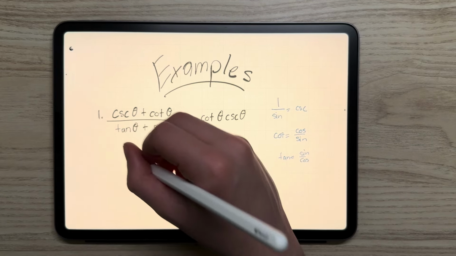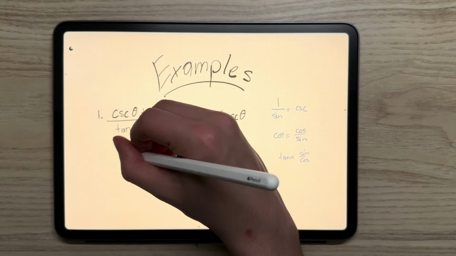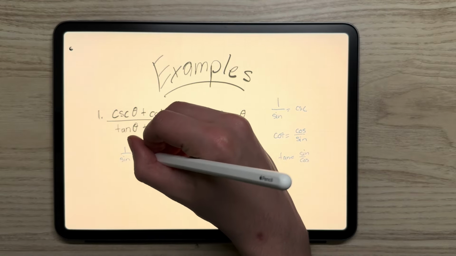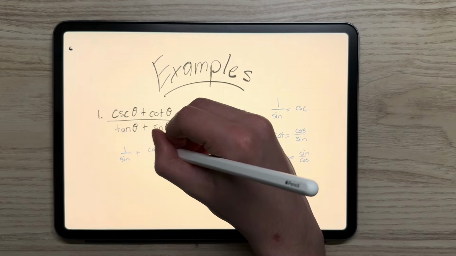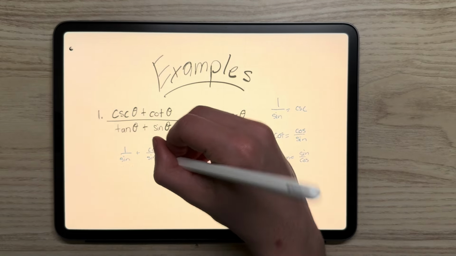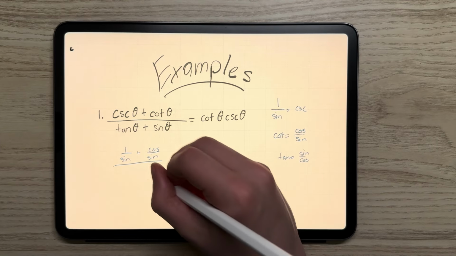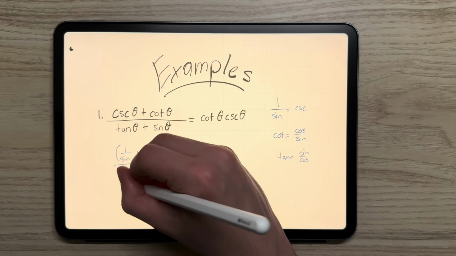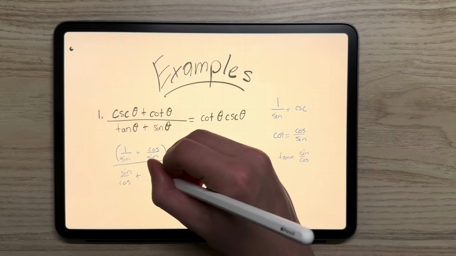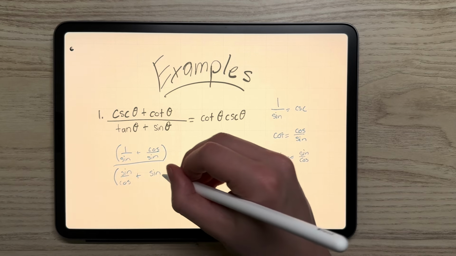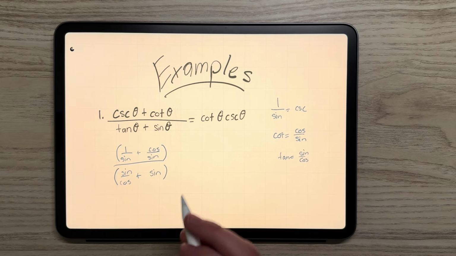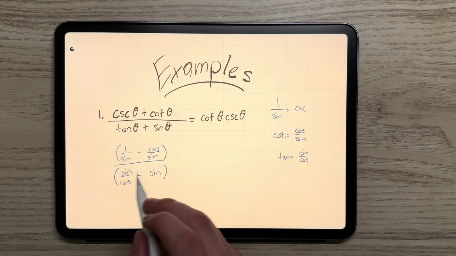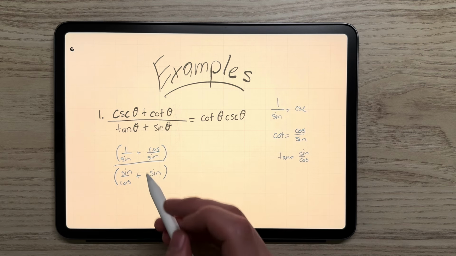So now we can substitute all of this in. We're going to get 1 over sine plus cosine over sine is equal to sine over cosine plus sine. And now we want to combine these fractions to just get two big fractions.